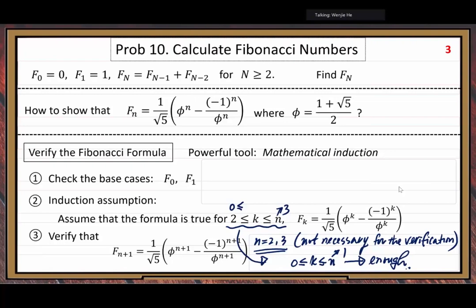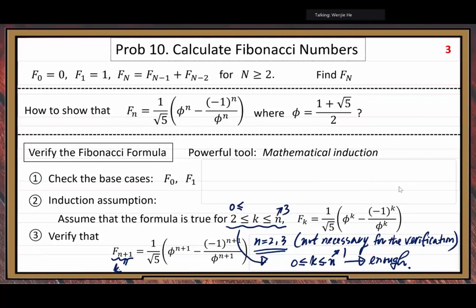Here n is the subscript, and we use n plus 1. You can see that n plus 1 is out of the range; k equals n plus 1 falls outside of this range.